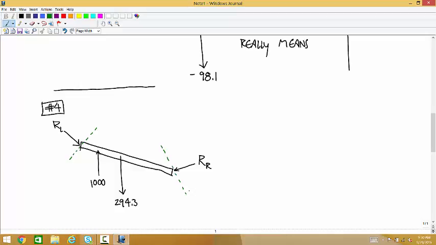Are there any problems anyone would like to see me do that you were confused about? Okay. So now today we're going to finish rigid body statics.